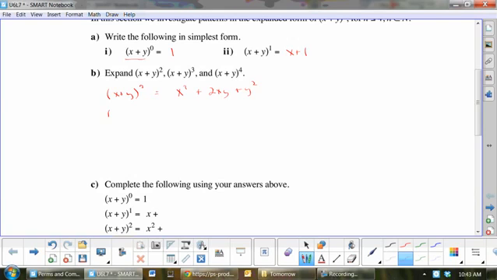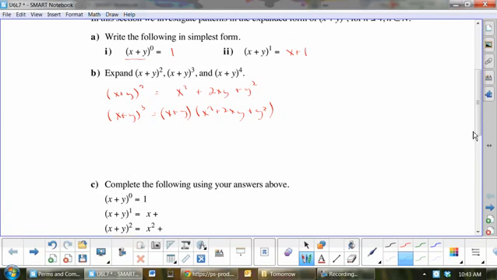Okay, let's do another one. (x + y)^3. Now that's the same thing as (x + y) times (x^2 + 2xy + y^2), right? Because that's simply (x + y)^2. So (x + y)^3 is that.